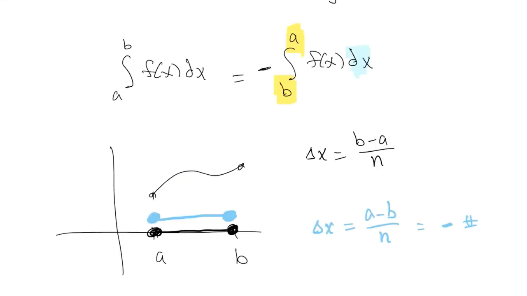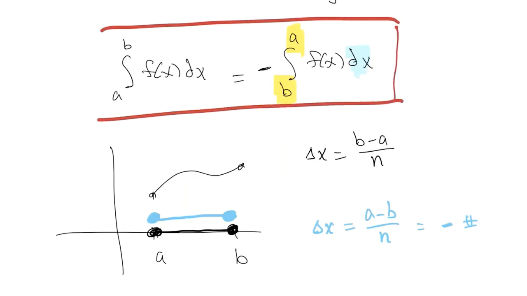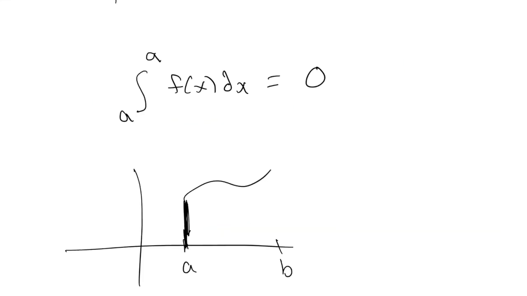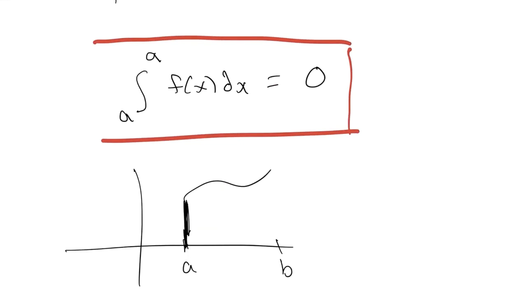Then we discussed the concept that we just used in that last example, which is when I switch the limits of integration, it gives me the negative of the integral. And we talked about moving in a positive direction as x increases, and a negative direction as x decreases. The next property we looked at is when we don't move on our x-axis. When we move from a to a, the area under the curve would be 0.